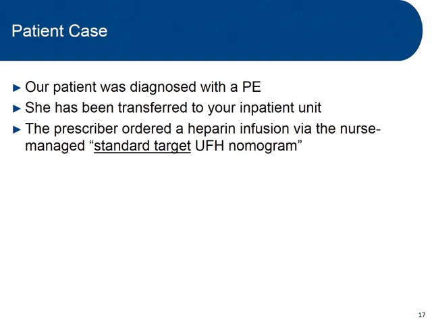I'm not going to go into the details for every one of those nomograms. If you're interested, you can go on the public workstation homepage at Hopkins, go to the Hopkins policies online, and type in heparin, and that'll bring up the policy and all the different nomograms associated with that. Our patient was ordered the standard target nomogram, so let's take a look at that.